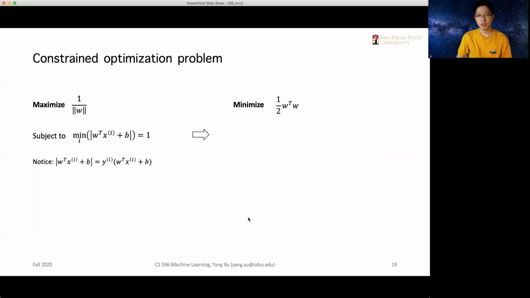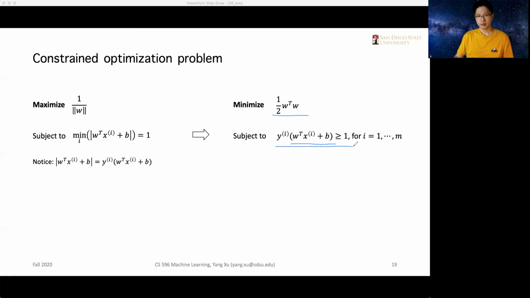We want to minimize the norm, while the norm is defined by the dot product between two vectors. Now, when the dot product is between the vector and itself, we're basically computing the norm, right? So we are minimizing the dot product between W and itself, subject to the constraints that for any data point, the value of yi times W transpose times xi plus b must be equal to or greater than 1.